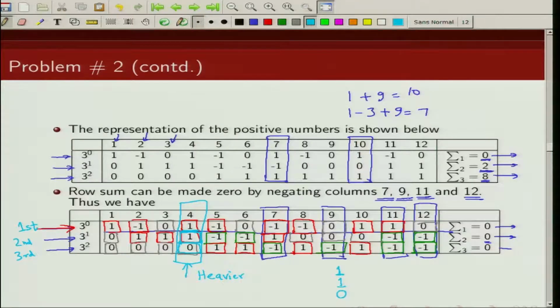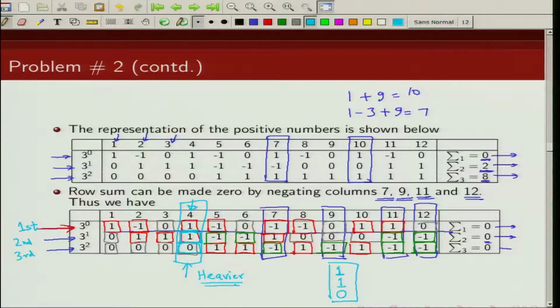So the result of the weighing would have been 1, 1, 0. Now if you compare 1, 1, 0 with the columns of this matrix, we see that the column corresponding to coin 4 has the same expansion, so we are able to identify the odd coin is coin number 4, and since the expansion is same as column 4 in this matrix, coin 4 is heavier, which it indeed was.